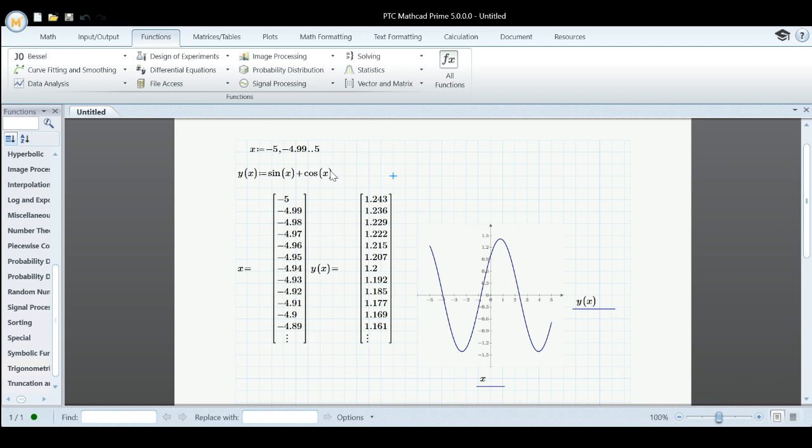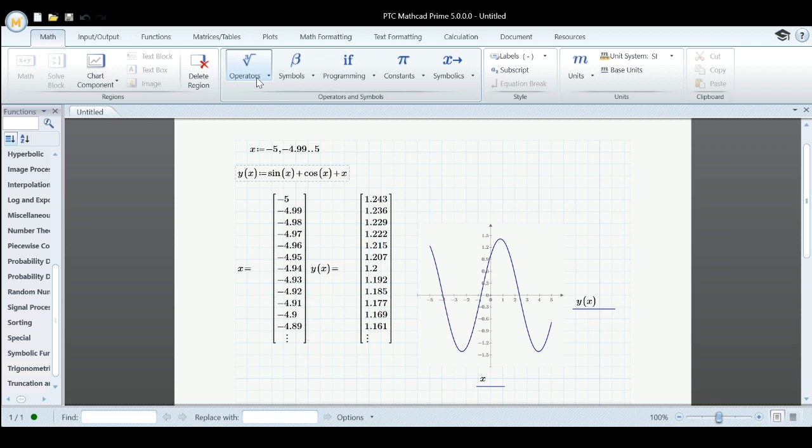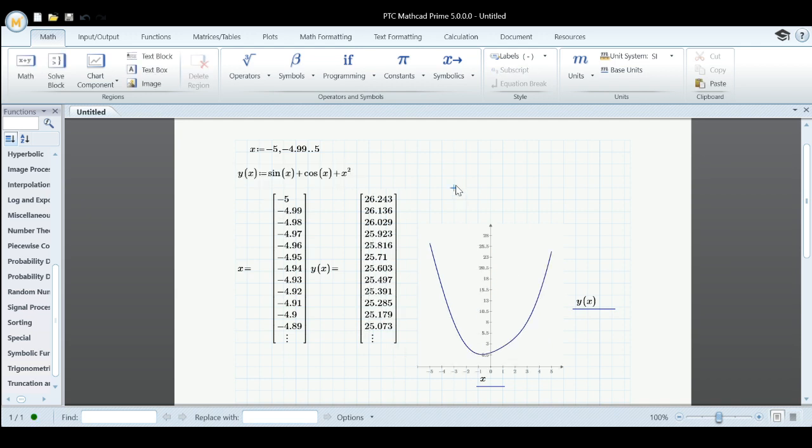Now if I add an algebraic function over here, suppose x square. You see here, x to the power y, so you just put x square. It's a different thing.